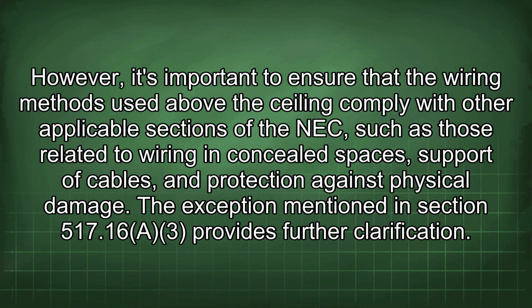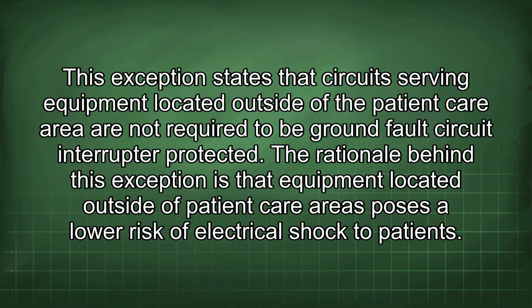The exception mentioned in Section 517.16A3 provides further clarification. This exception states that circuits serving equipment located outside of the patient care area are not required to be ground fault circuit interrupter protected. The rationale behind this exception is that equipment located outside of patient care areas poses a lower risk of electrical shock to patients.